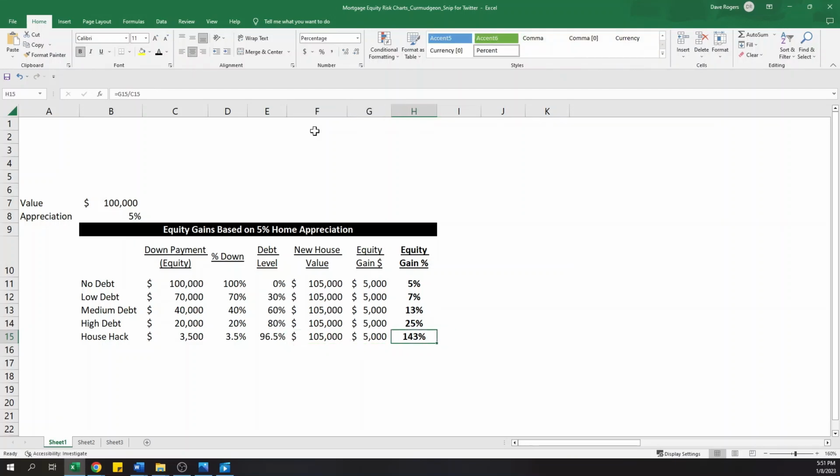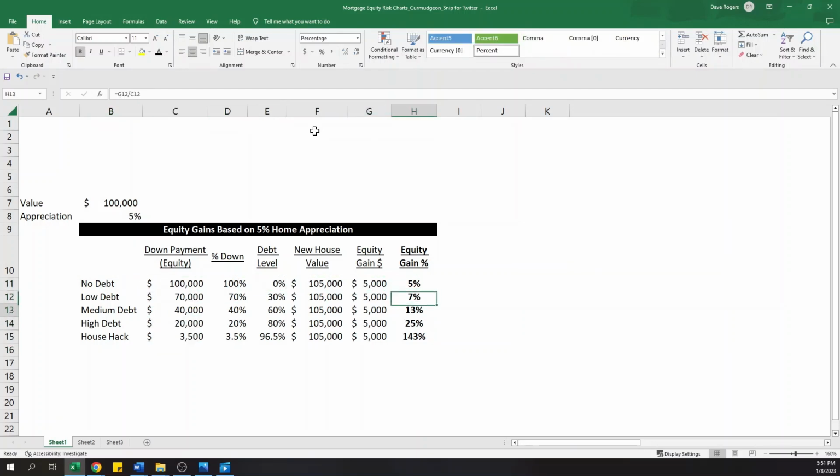Now, the last point is notice the difference in the percentages versus the actual gain, right? $5,000 might not be life-changing money. So we should be aware that we have the same exact dollar amount, but the actual gain here based on the amount of money we put in the deal is way higher percentage-wise.